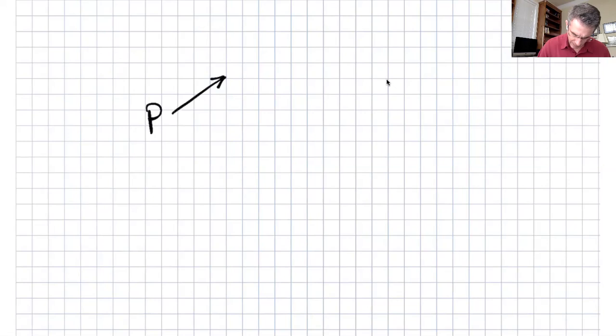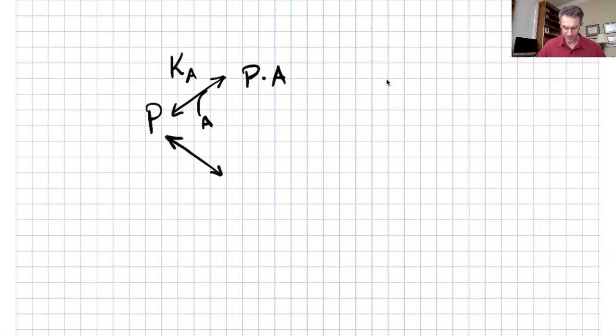So let's say our macromolecule P can bind a ligand A, right? And we'll give this intrinsic affinity K sub A. So now we make the PA complex. But this molecule can also bind ligand B, right?